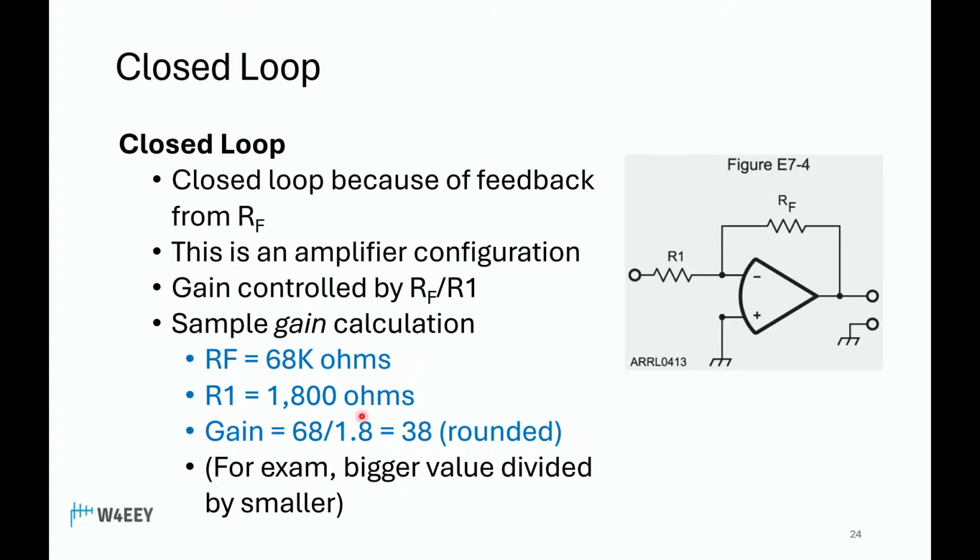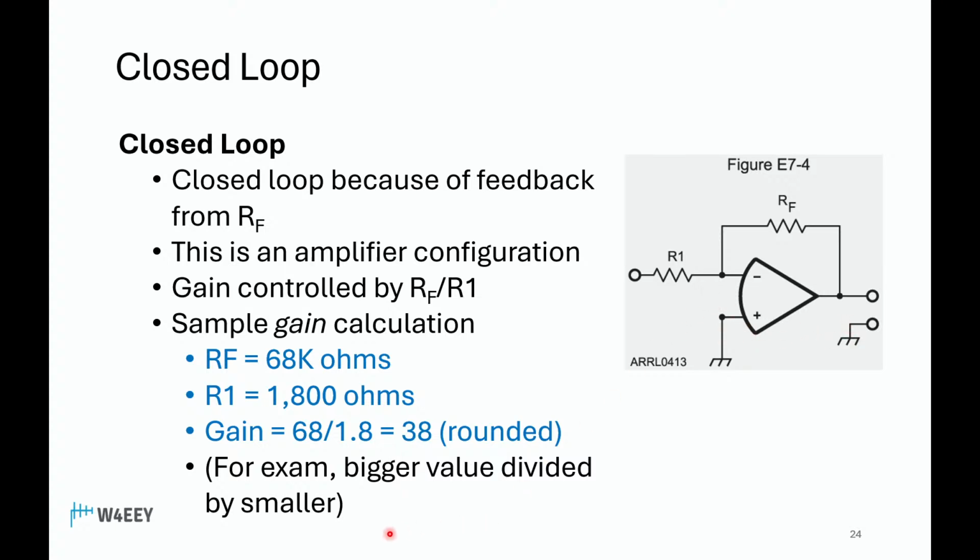So 68K divided by 1.8K would be 68 divided by 1.8 is 38. So the gain of this circuit with these resistors is 38. So the output's going to be 38 times greater, the output swing, than what you see on the input.